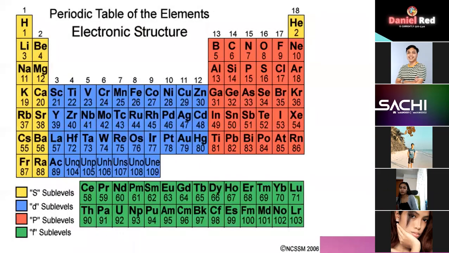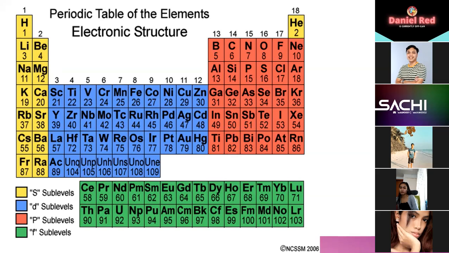So as you can see in this presentation, you can see a periodic table of elements. On the periodic table of elements, it has the following numerical identification. This numerical identification on the upper level of each element is what we call the group number.